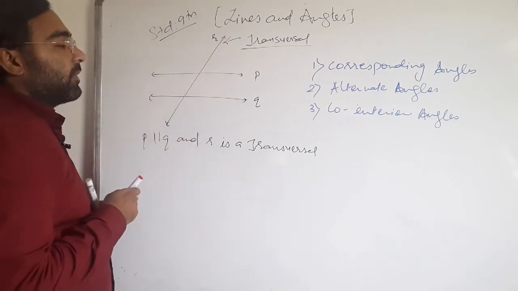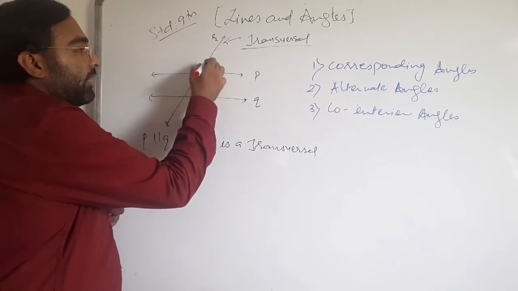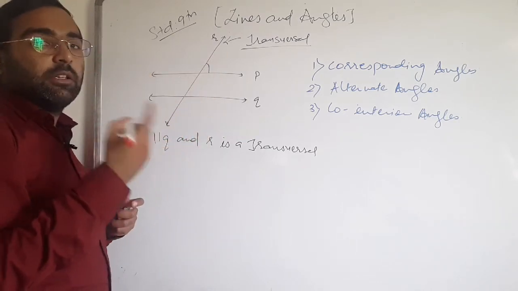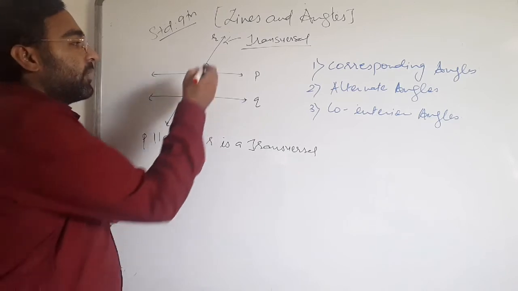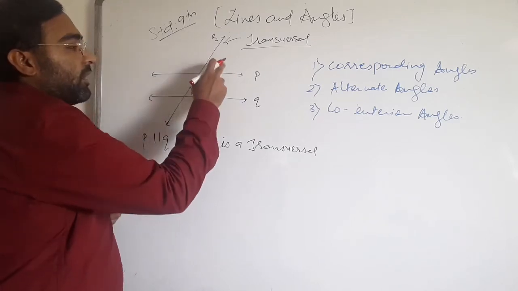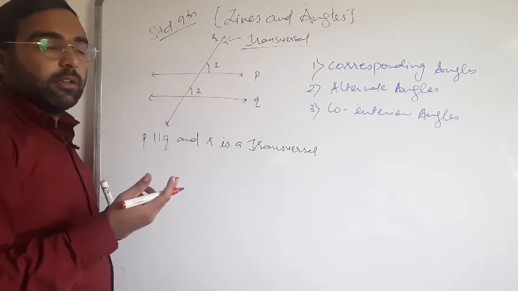So here students, if P and Q are parallel to each other and R is a transversal of them, then I'll get the names of the angles in the form of numbers. This is my first angle, this is my second angle. So angle 1 and angle 2 are equal.